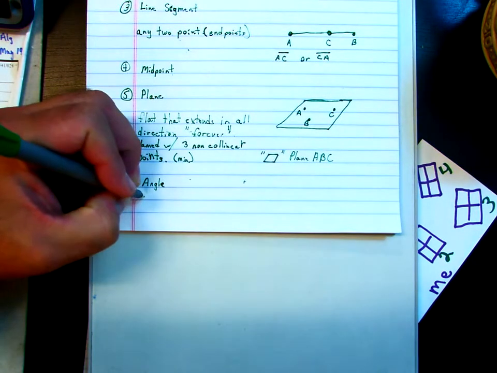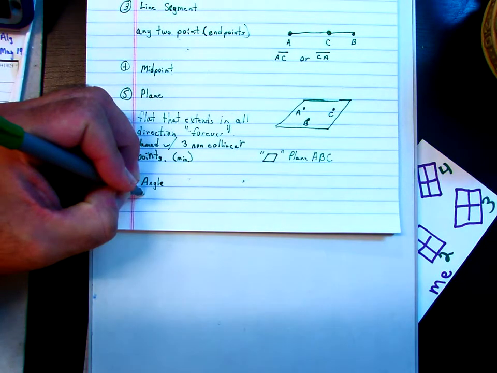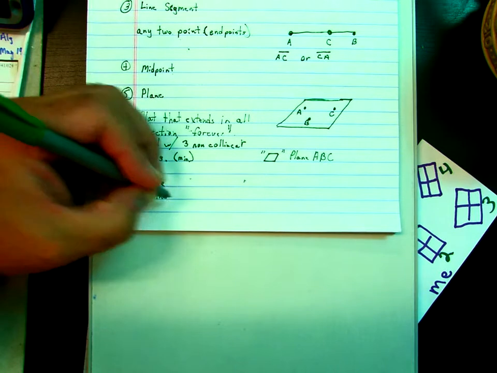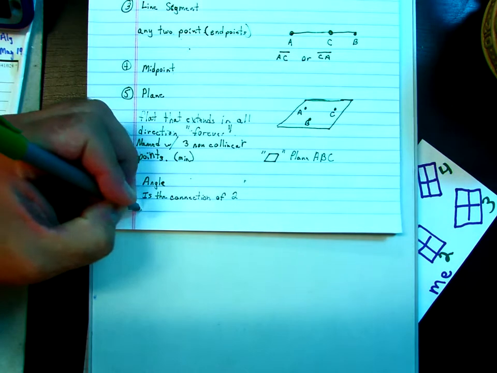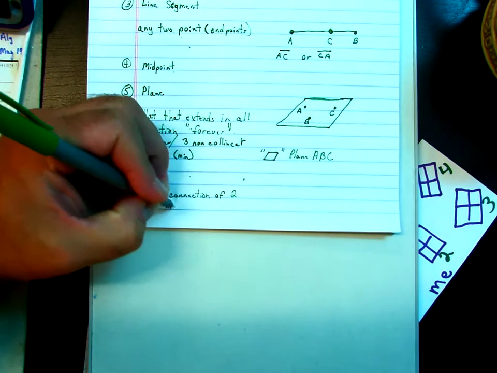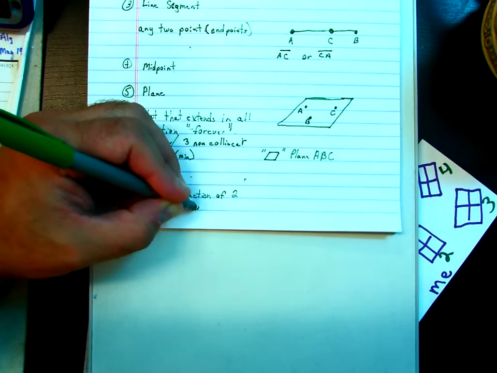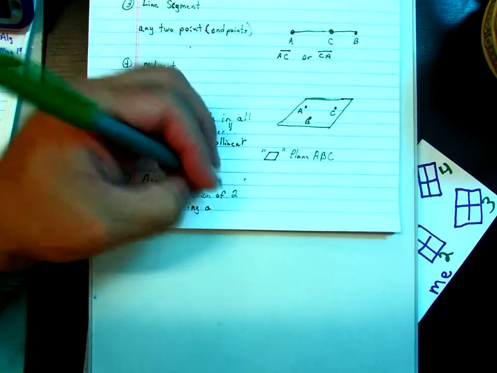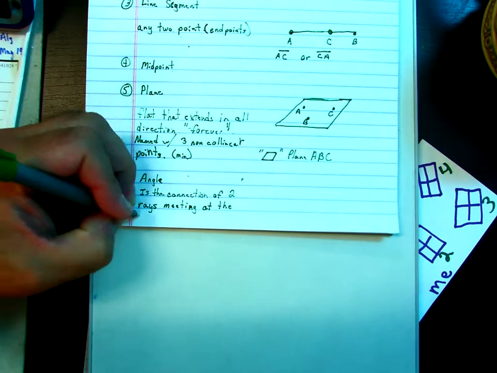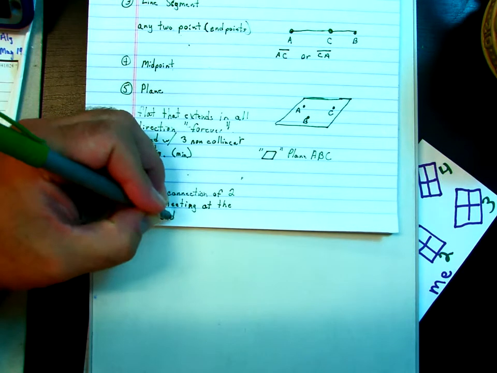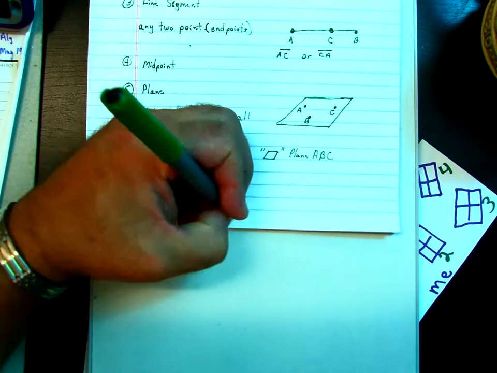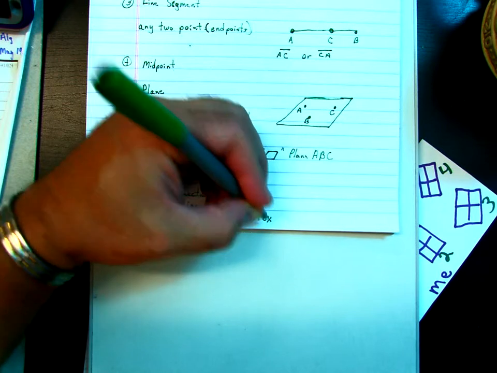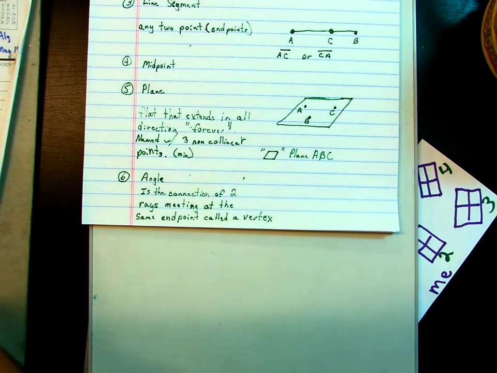Okay, an angle is a connection of 2 rays meeting at the same point.